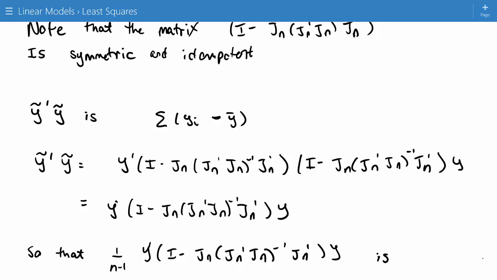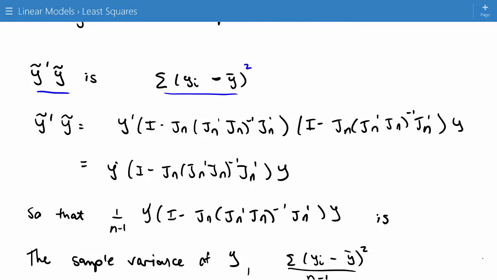If I consider these centered versions of the data, consider y tilde, the centered y's, and if I take y tilde transpose y, that's exactly the sum of yi minus y bar squared. I would also note that I can write y tilde transpose y tilde as y transpose times this matrix, which I do not need to include a transpose because it is symmetric, times itself again, times y.